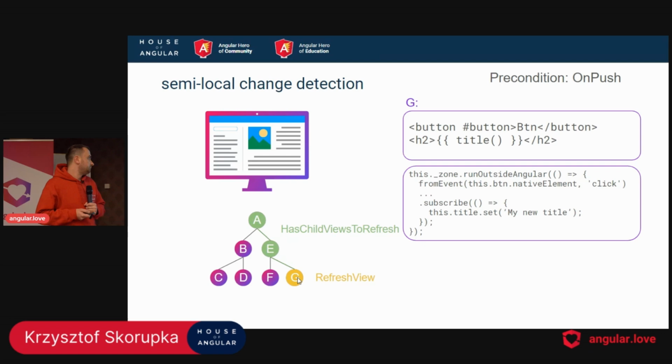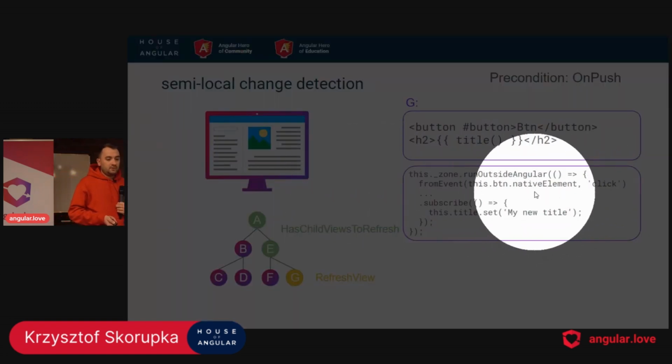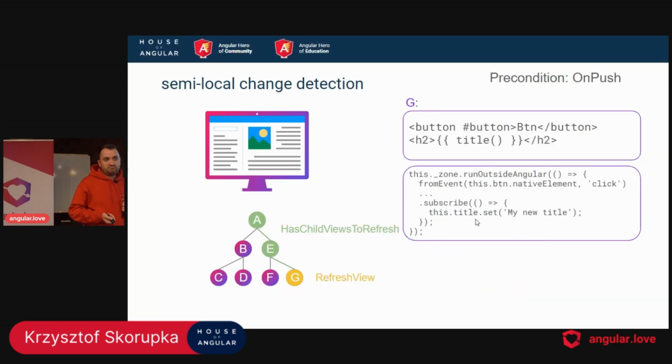We are done. Well, not so fast, because basically that would be it. Nothing more will really be triggered. Because we are running outside of the zone in this scenario, it doesn't know that anything happened. So our components get marked, and the change detection was not run.